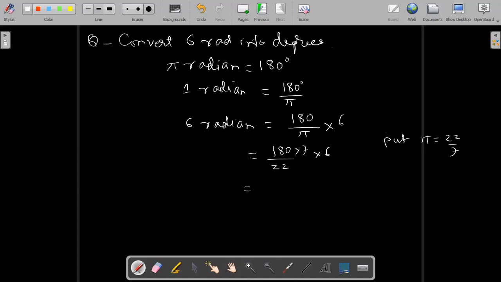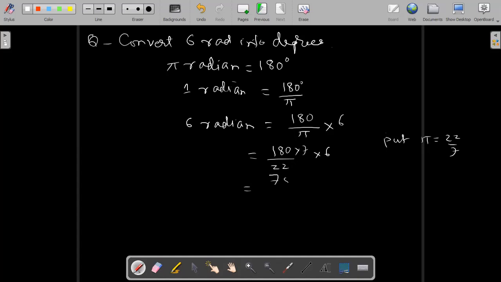Then you have to multiply all these numbers. First you multiply 180 into 7 into 6, or you can cancel then multiply, that doesn't matter.